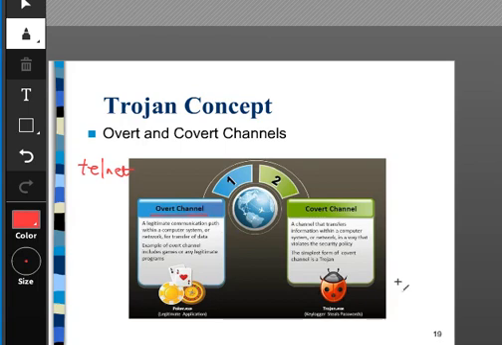It's an overt channel. But a covert channel is a channel that transfers information within a computer or network in a way that violates the security policy. The simplest form of covert channels is Trojan.